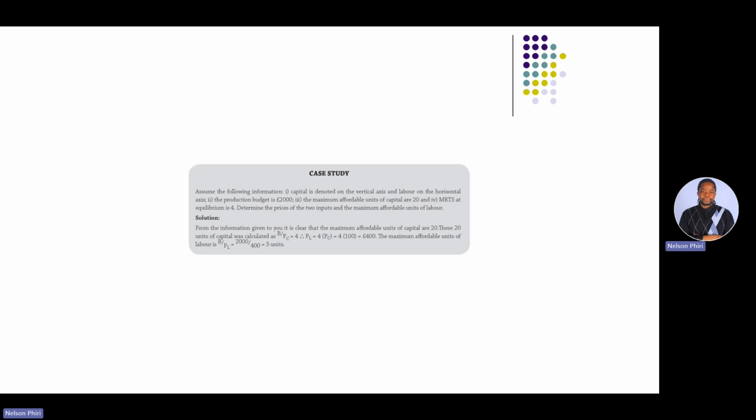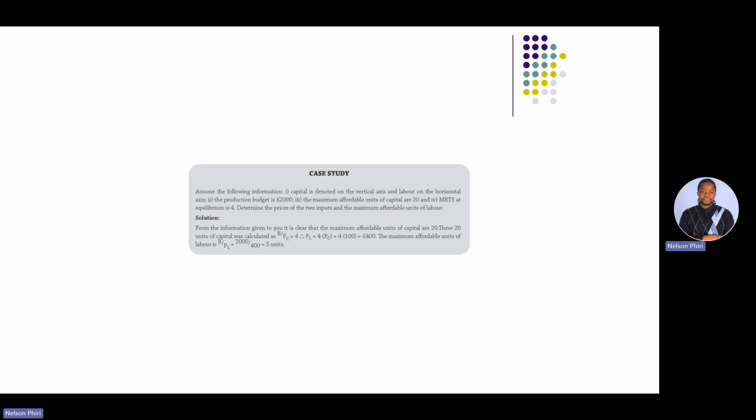Therefore, PL, which we're looking for, divided by the price of capital, which is 100, is equal to MRTS, which is equal to 4. So we cross multiply, and the price of labor was 400. Then if the price of labor is 400, it means the maximum affordable units was 5 for labor.